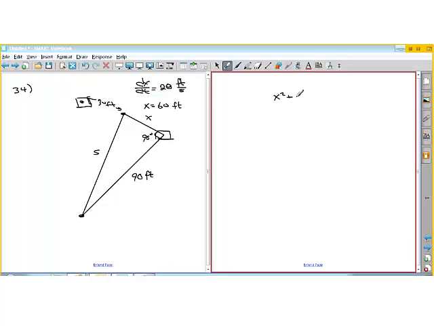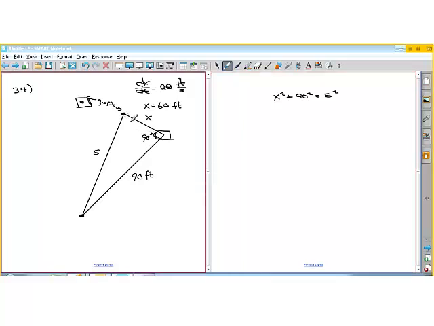So what we can say is that x squared plus 90 squared is equal to s squared, because the right angle is right here, not here. So the hypotenuse is changing in this case, compared to the ladder problem where the hypotenuse is constant.